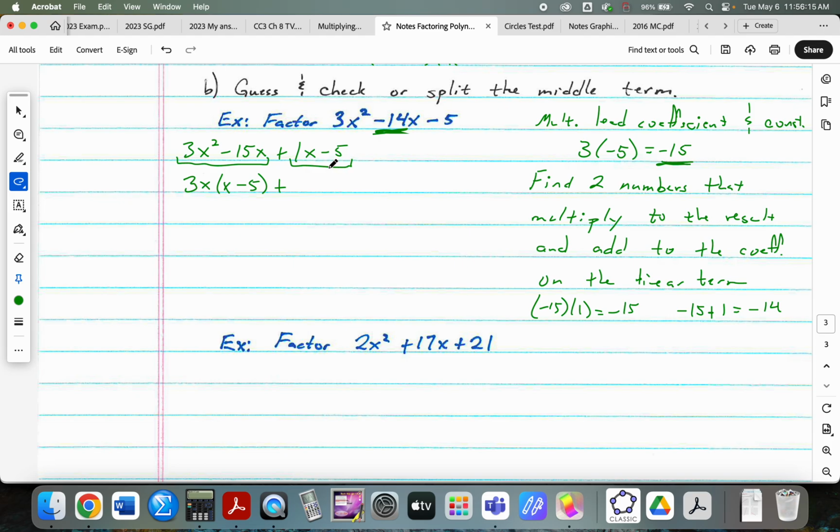There's no other common factor. So 1 times x minus 5. If you have done this correctly, these two will be the same. If they're not the same, then you haven't done it correctly. And at this point, you're like, I've got 3x times x minus 5 and 1 times x minus 5. Oh, so I've got a 3x and a 1 times x minus 5, and that's the factoring.